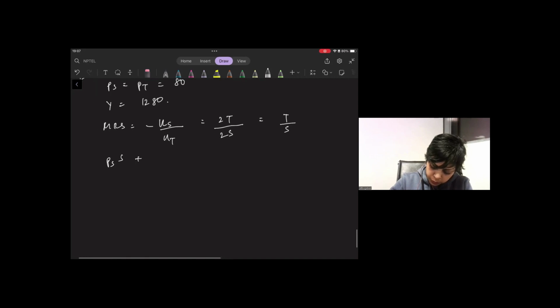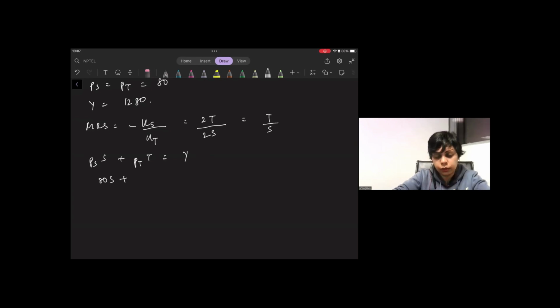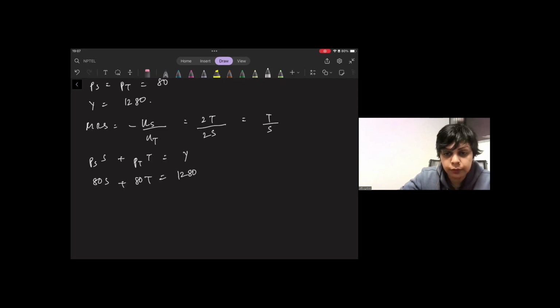PS into S plus PT into T is equal to Y. We are given that both are 80. So 80S plus 80T is equal to 1280, right? That's the question. Yep. Okay. So this is our budget constraint.